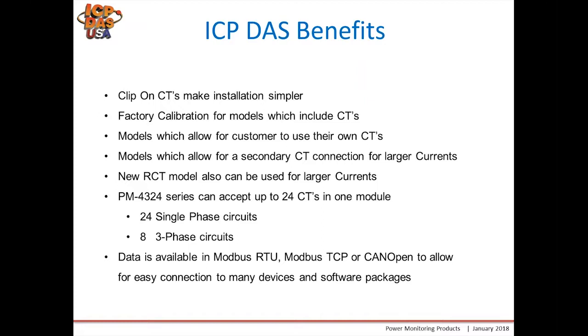And we have our PM4324 series, which accepts 24 CTs for either 24 single-phase circuits or 8 three-phase circuits. And we use Modbus TCP, Modbus RTU, and CANopen protocols to make sharing the data very easy to your PLCs or software packages or other devices in your network.